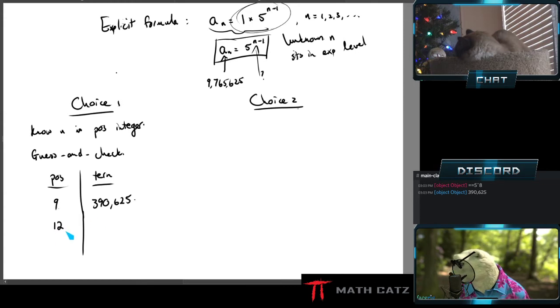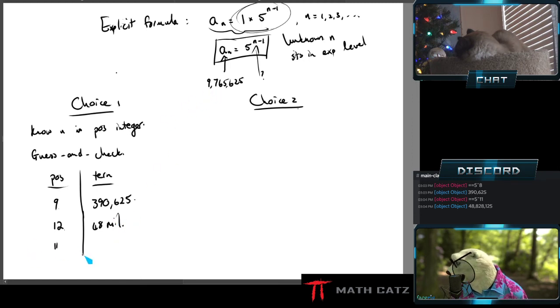This is a little small. So let's go for 12. Because I'm fairly far away, I'm going to skip some and try position 12. So then I calculate position 12. And now I see, oh, I overshot it. It's too big.